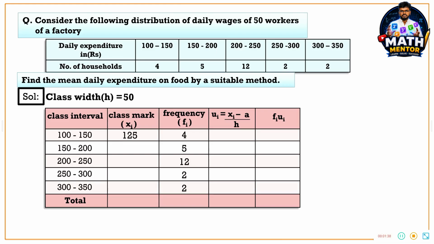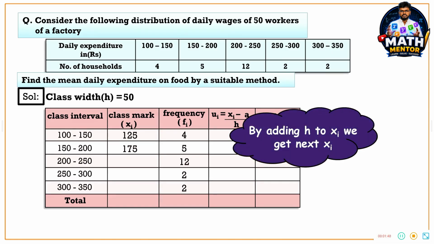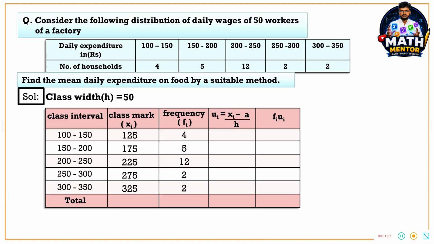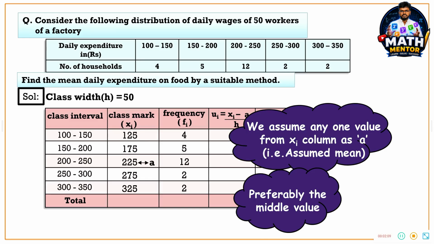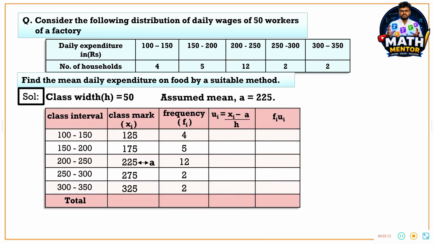Now we can add 50 to the class marks and get all the other class marks: 125 plus 50 is 175, 175 plus 50 is 225, 225 plus 50 is 275, 275 plus 50 is 325. Now we will assume any one as a, the assumed mean. Generally we take the middle term, so our a will be equal to 225. Instead of a, we substitute 225 in ui, so ui is equal to xi minus 225 by h.